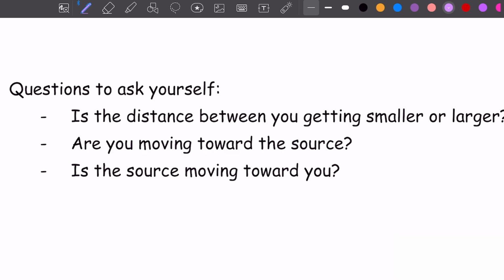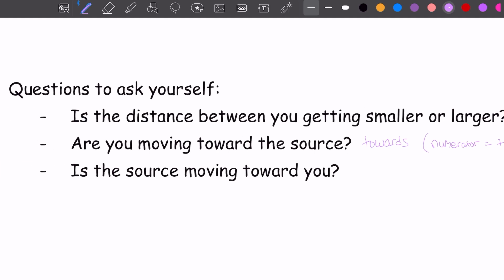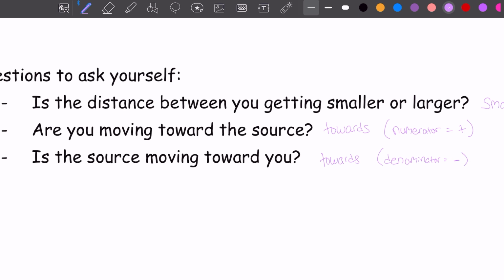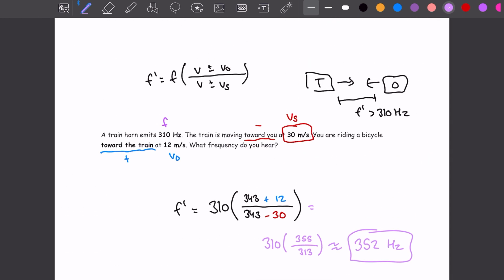We're told that in the problem. Which means that the numerator is going to be plus. And is the source moving towards or away from us? It's moving towards us. And that means that we're going to pick subtraction in the denominator. And now we can start doing the problem.